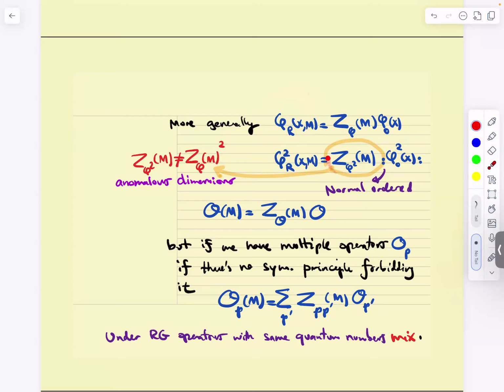So it deserves a brand new wave function normalization. Now, importantly, Z of phi squared of m is not Z of phi of m squared because of anomalous dimensions. If this was an equality, we would say that that operator has no anomalous dimension, because the dimensionality of this guy is fixed by this, right?